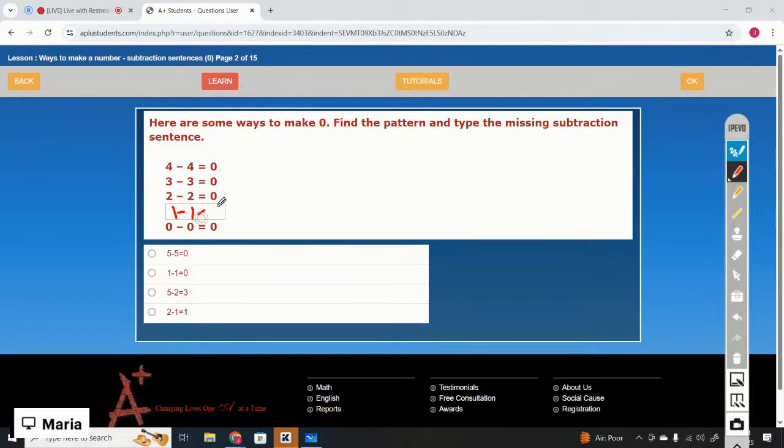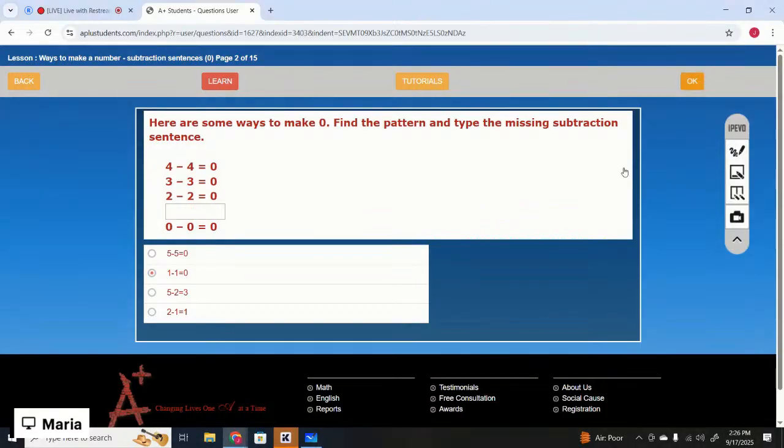So that would be 1 take away 1 is 0. Option number 2 is the correct option.